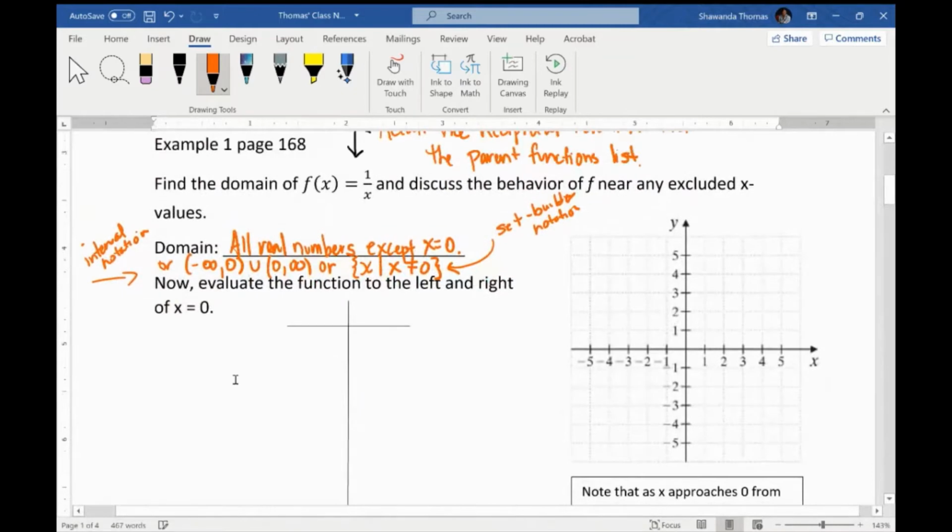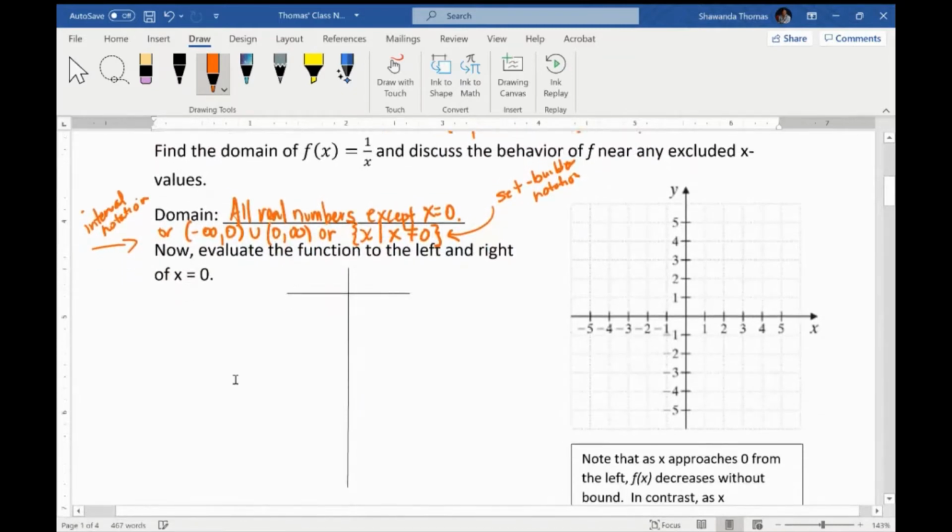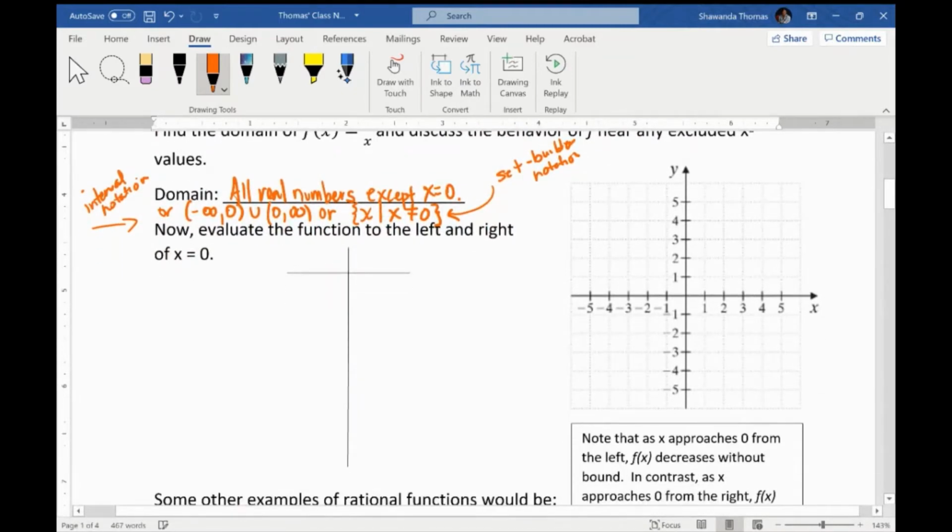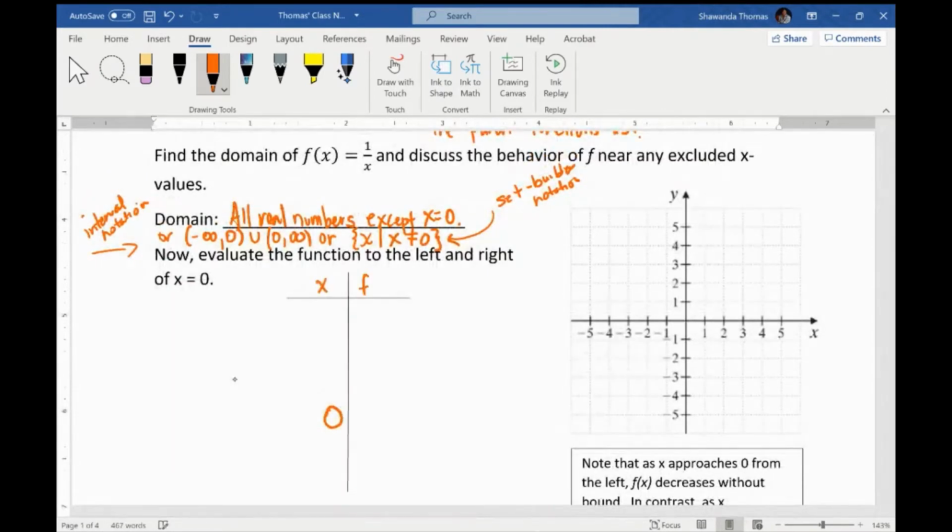So we're going to graph the function f of x equals 1 over x. We already know what's going to happen at 0. If we plug in 0, what do we get?